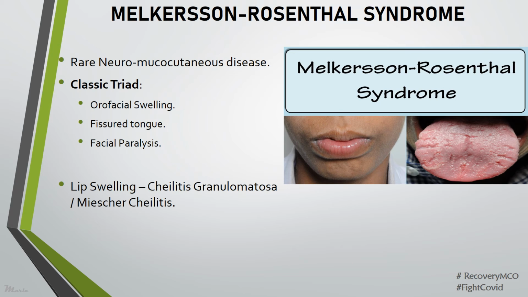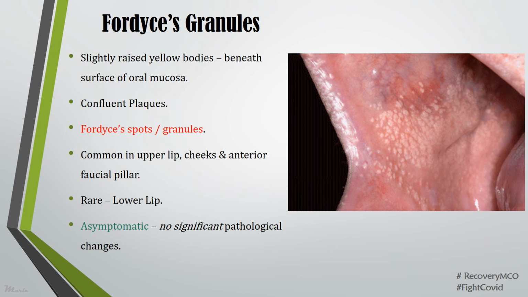A minor form of this syndrome, which presents only as the swelling of the lips, is referred to as cheilitis granulomatosa or Miescher-Melkersson-Rosenthal. So that was all about the various forms of lesions which present as orofacial granulomatosis.